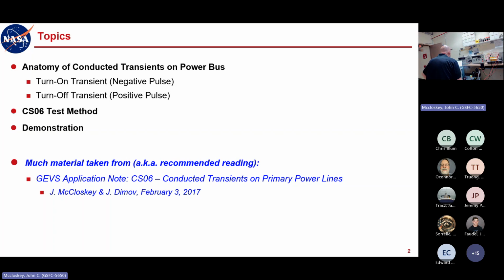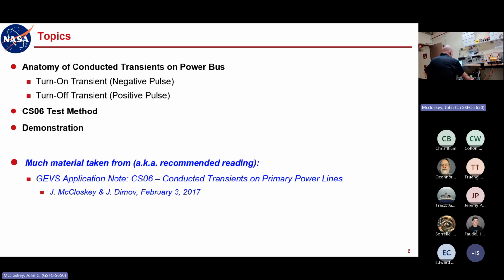All right. So here are the topics that I'm going to be talking about. I will say here that much of the material in this presentation, I'll call it recommended reading, is taken from Gev's application note that I wrote with Jen Dimoff, specifically about CS06. I will provide that app note.